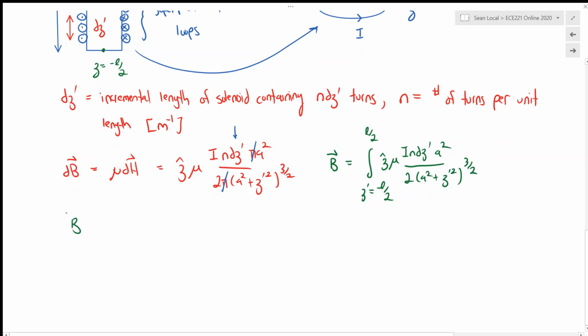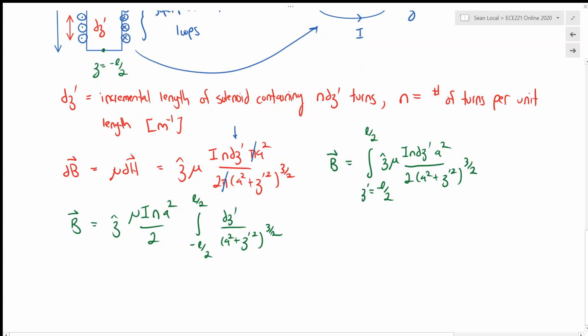So we have our z hat direction, of course, and then we have mu. I is a constant. The number of turns per unit length is a constant. a squared is a constant. And in the denominator we have 2, that's a constant. So now we're integrating from minus L over 2 to L over 2 dz prime over (a squared plus z prime squared) to the power of 3/2.